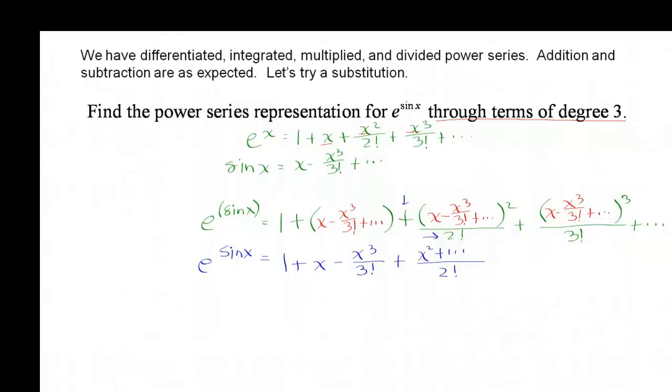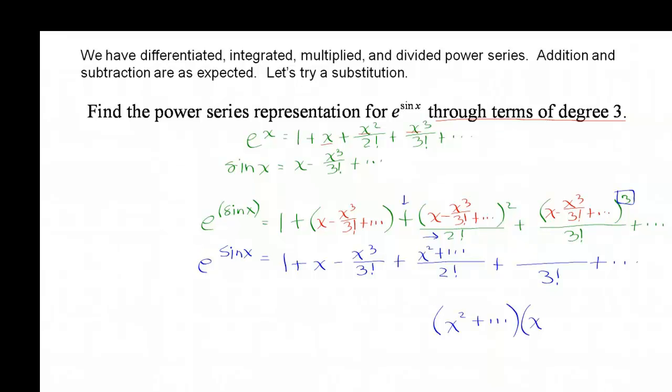So that was simple. Now we're going to do the same thing here with the next term and see what we need to include. And then after that, we'll pick up our plus dot dot dot. Now recognize we've already done 2 of those. And the only thing that we needed from that quantity squared was x squared.